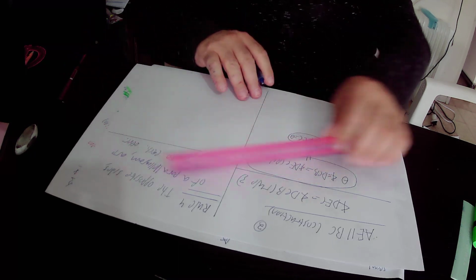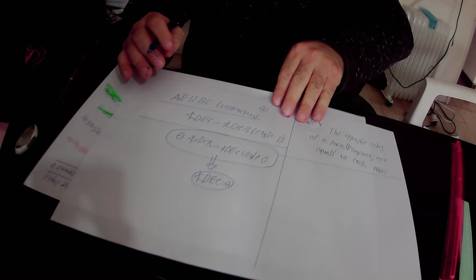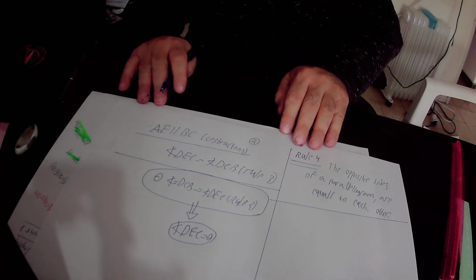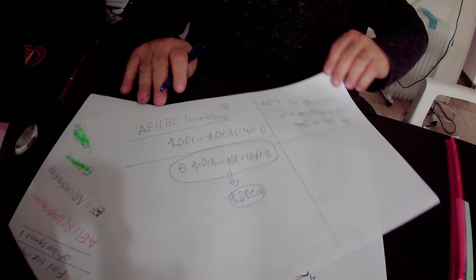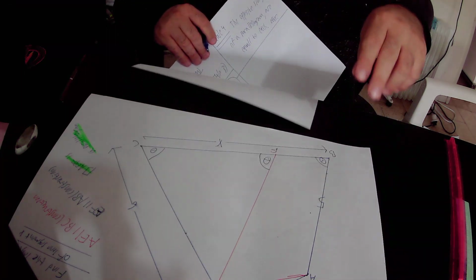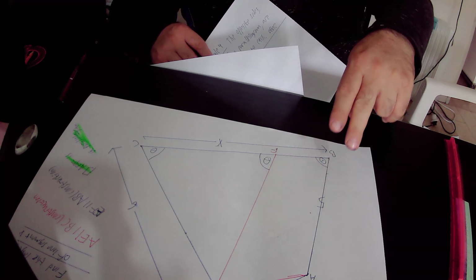I read rule number 4 again. According to rule number 4, the opposite sides of a parallelogram are equal to each other. So we focus on our parallelogram AEBF.